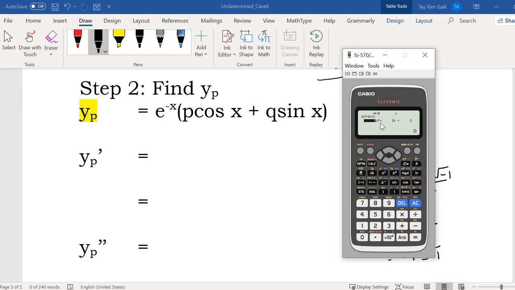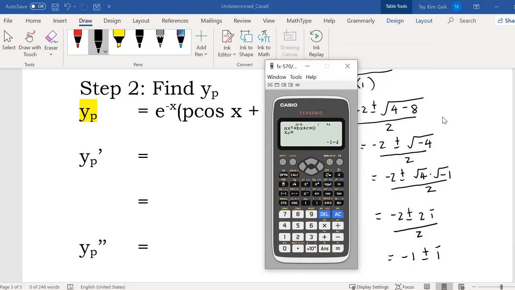Then you input the coefficients for your quadratic equation, which are the values of a, b, c that you put into the quadratic formula just now. Here a is 1, b is 2, c is 2. So you directly get negative 1 plus i and negative 1 minus i. You are allowed to directly use a scientific calculator.